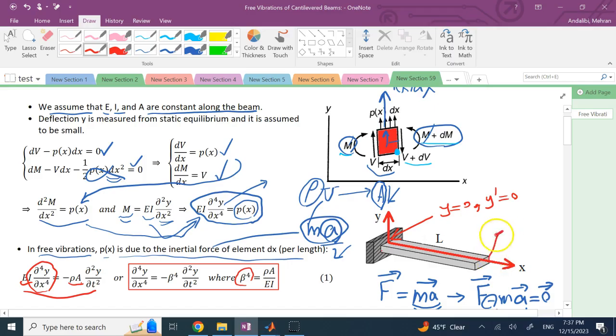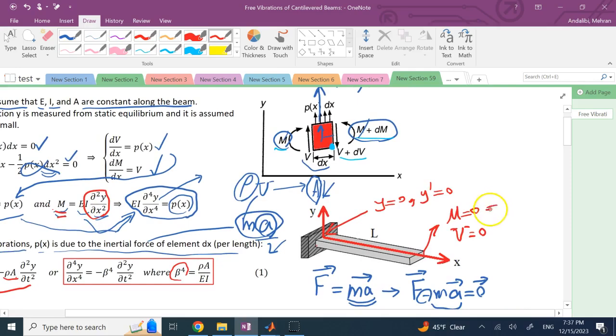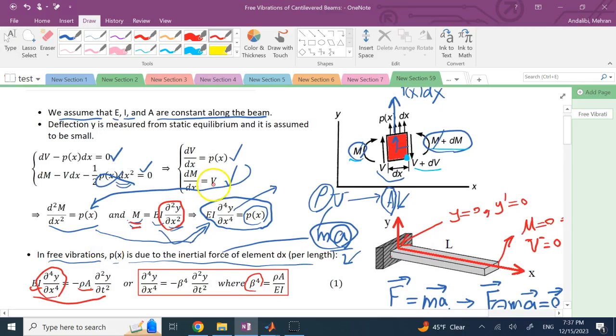But on the free end, m, the moment, has to be 0, as well as the shear force v. And m, as you know, is related to what? Related to the second derivative of y. So that means y double prime has to be 0, because that constant EI cannot be. And v, remember, v is dm over dx.